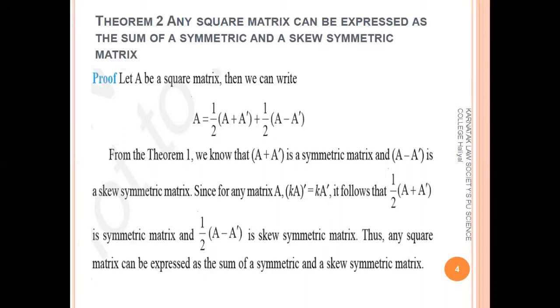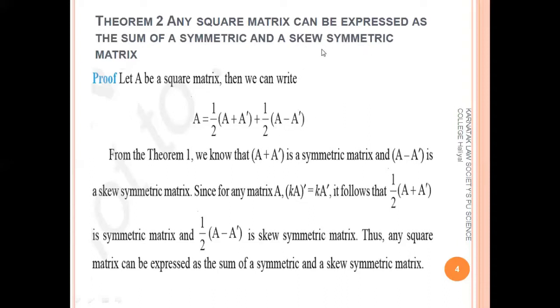This we will prove with the help of the previous theorem only. Let A be a square matrix. Then we can write A equals 1 by 2 A plus A dash plus 1 by 2 A minus A dash.